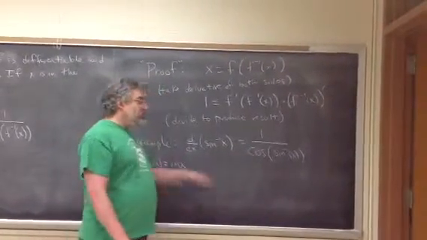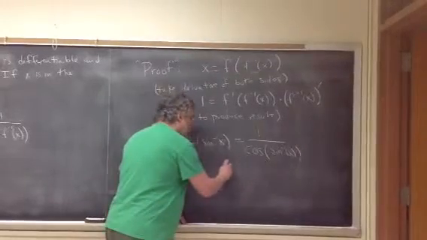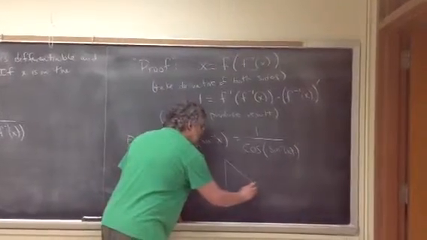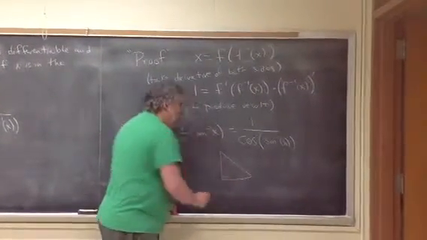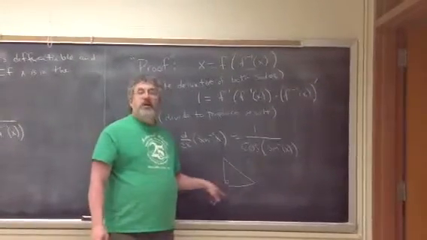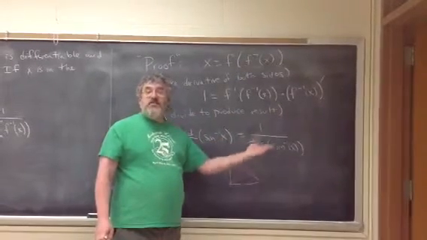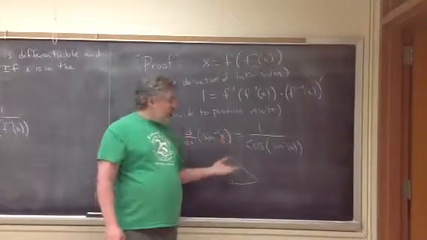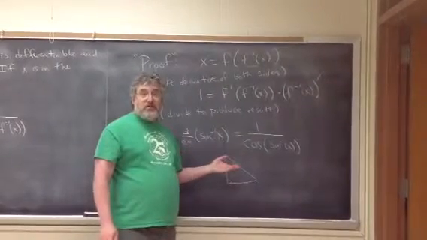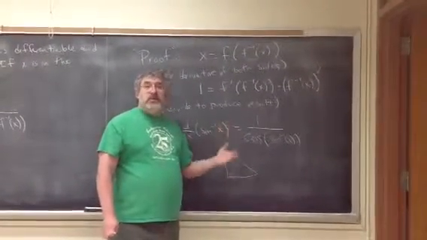Let's take a look using triangles. The inverse sine of x, what is that? Well, the sine takes an angle and produces a value. In triangle terms, it's the opposite over the hypotenuse. The inverse sine takes the opposite over hypotenuse and produces the angle.